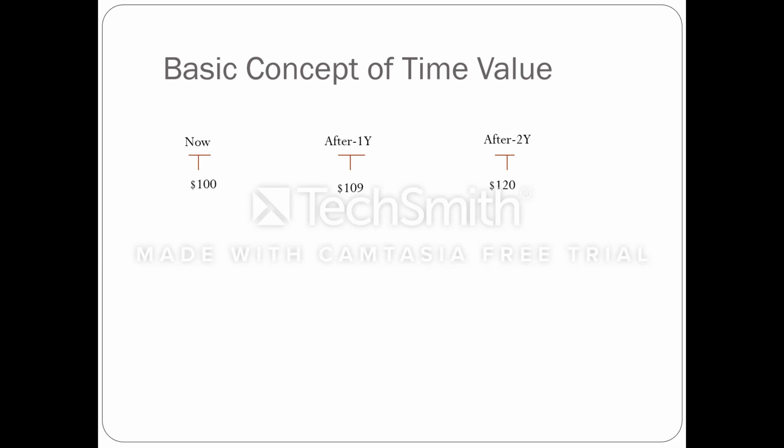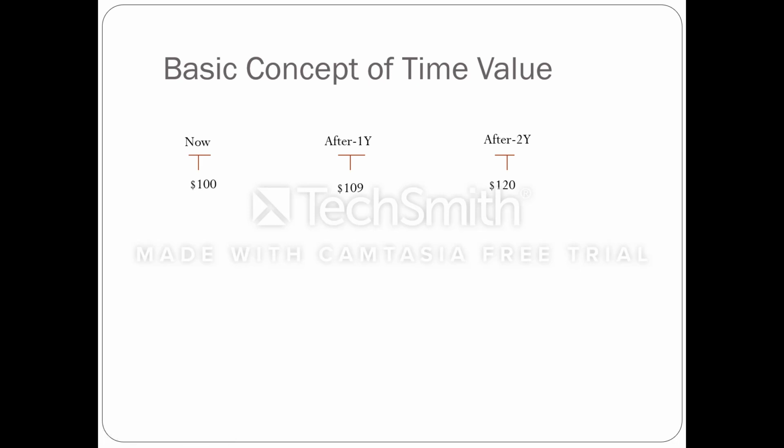If that is the situation, which alternative will you go with? Number one, number two, which is $109 after a year, or number three, which is $120 after 2 years? If you go with the absolute value, then maybe your answer is okay, I'll go with $120.